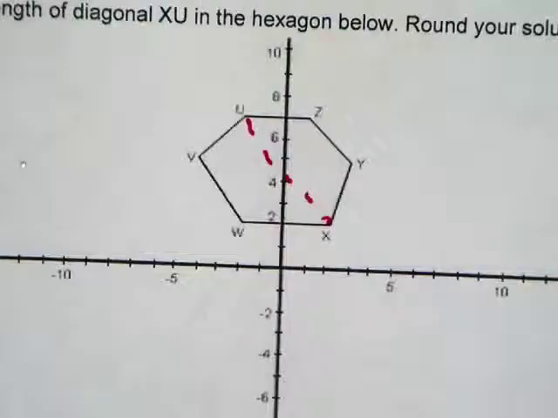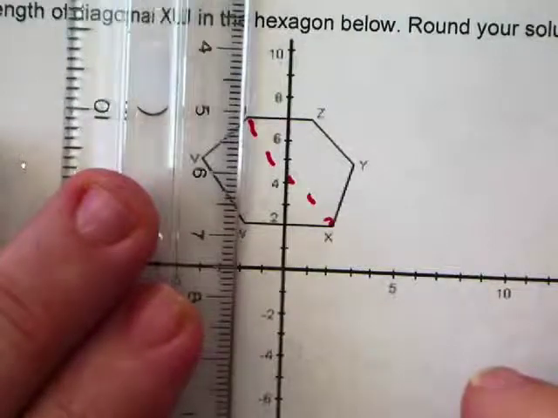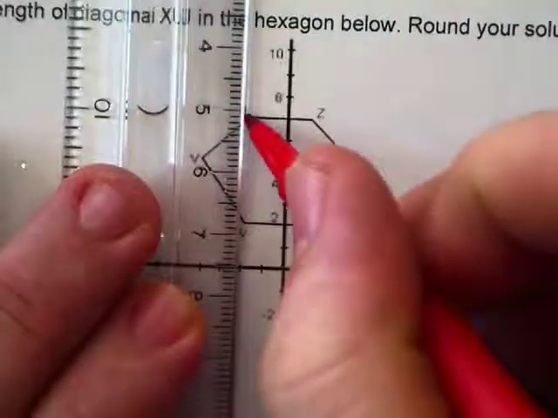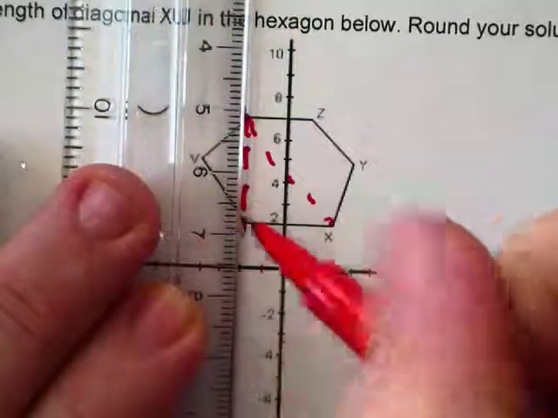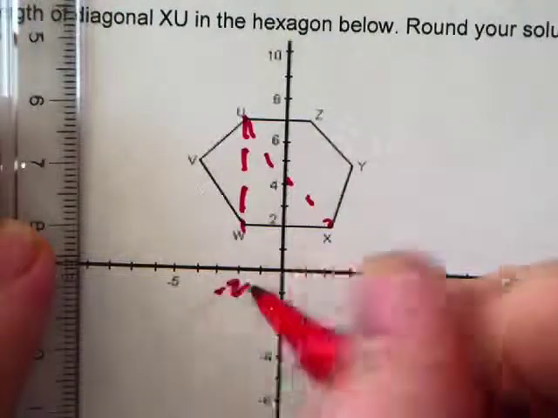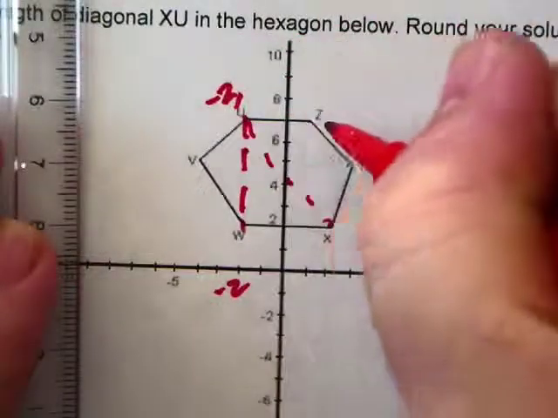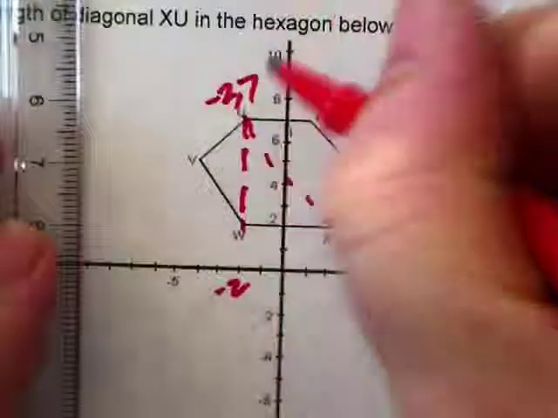If we look at these points, we can say both of those are right on the 2, right? See how I'm getting the x, negative 2, excuse me. So I know that u is negative 2, comma, and where are we at? It's 7.